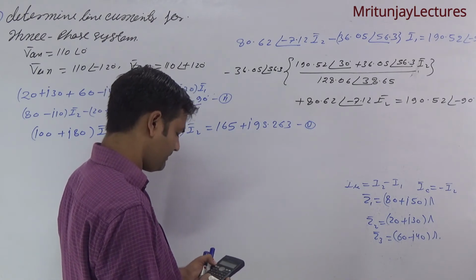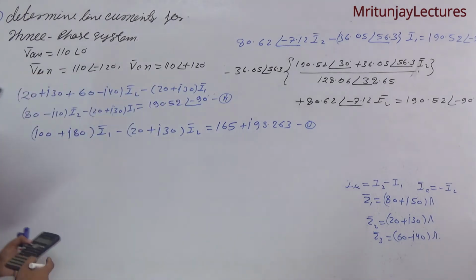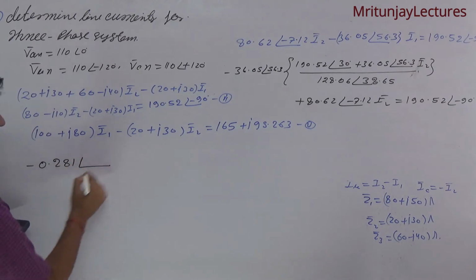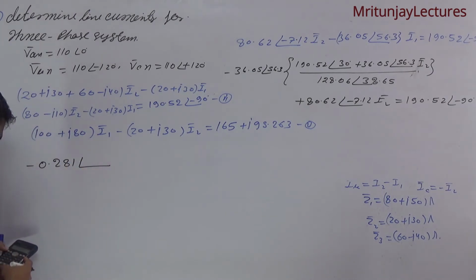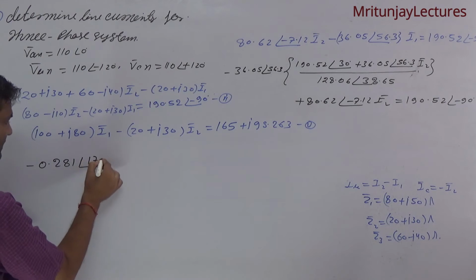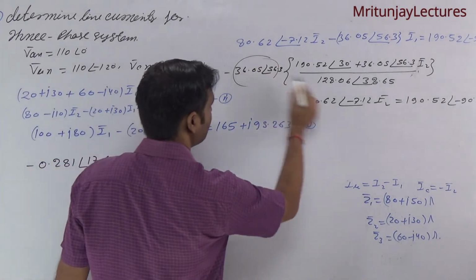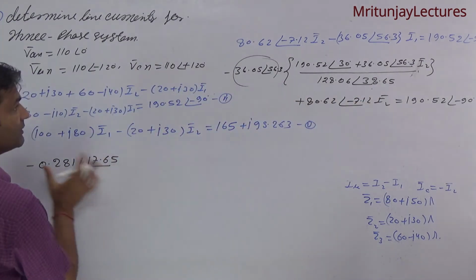Okay, so finally we got minus of 0.281 at the angle 178.65. Okay, after solving this one and this one, we got this one.